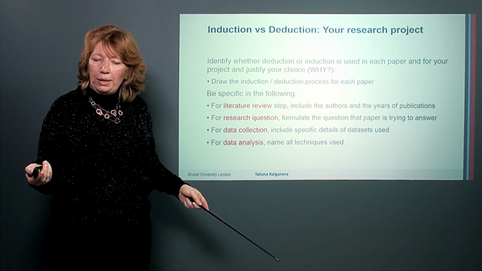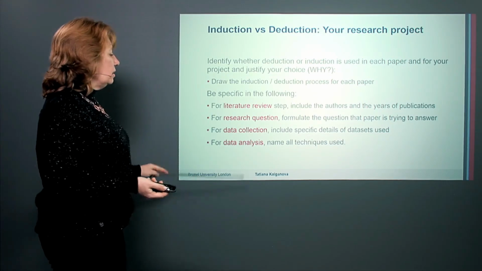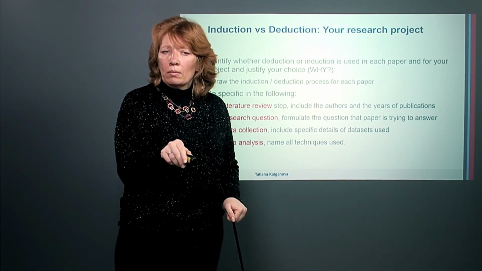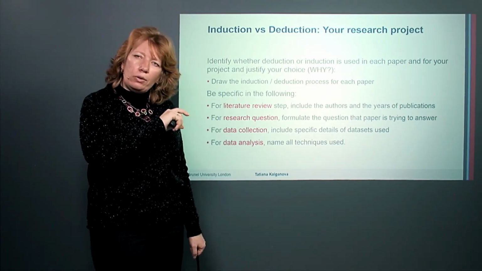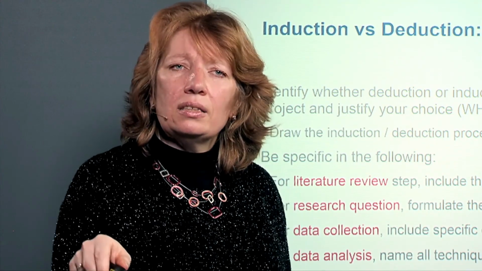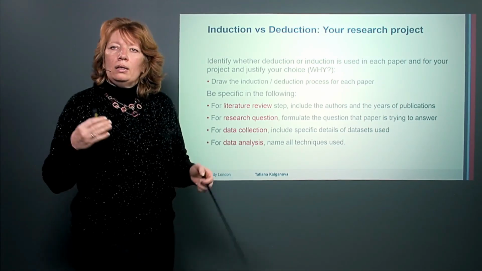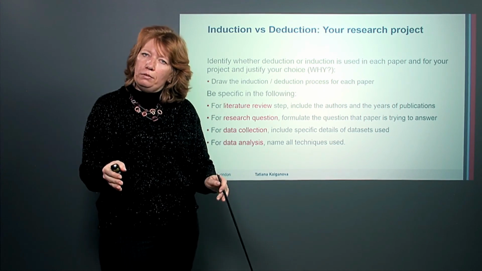Once you've done your step on the data collection, get to data analysis. Name all techniques which are used for each paper. Next one is going to be the conclusion. Just write down the answer this particular paper gives to your research question. Doing this, you are actually visualizing your research paper in graphical form.